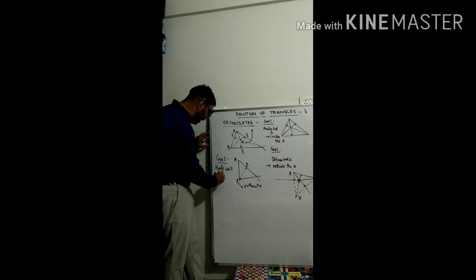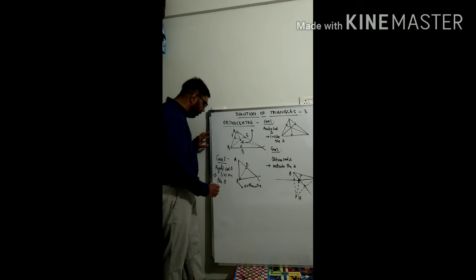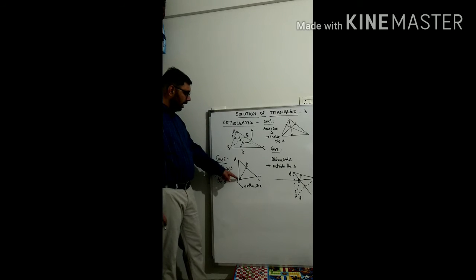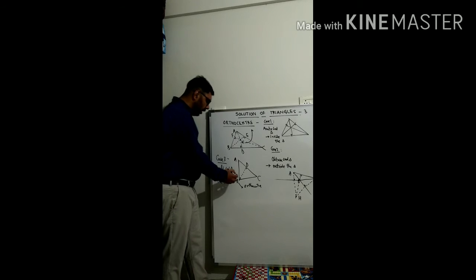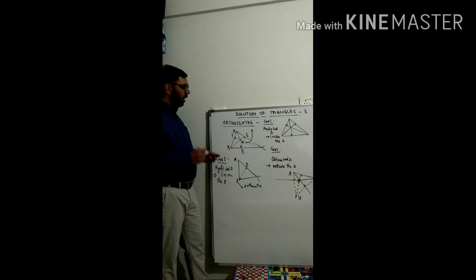For a right angle triangle, the orthocenter lies on the triangle, and it is the vertex where we have the right angle.